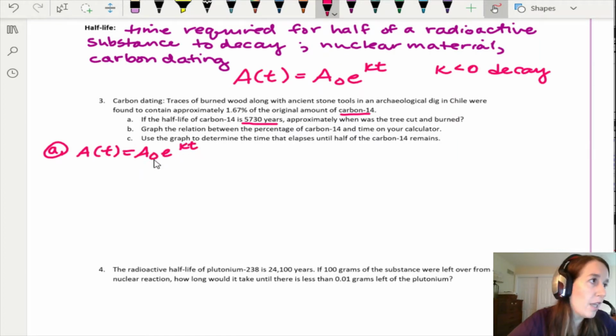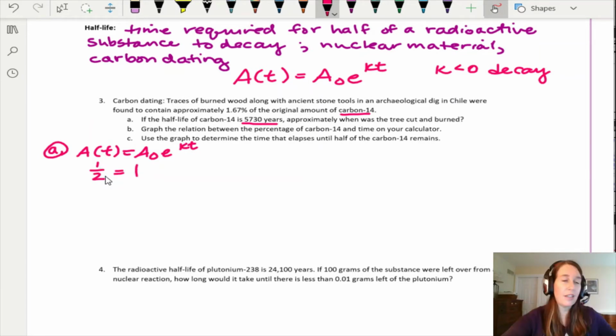What we do know is that the half-life is 5,730 years. So if the initial amount is 1, the final amount at time t is 1/2.